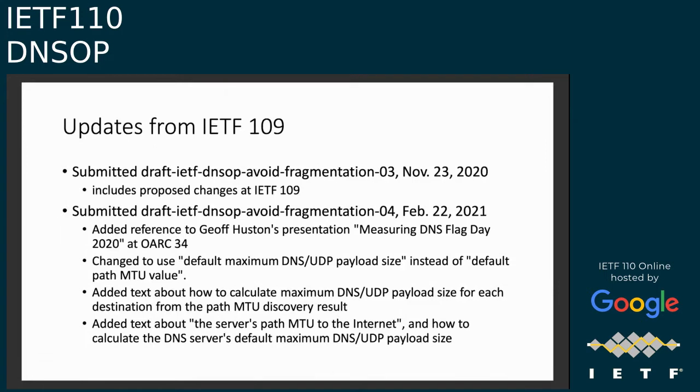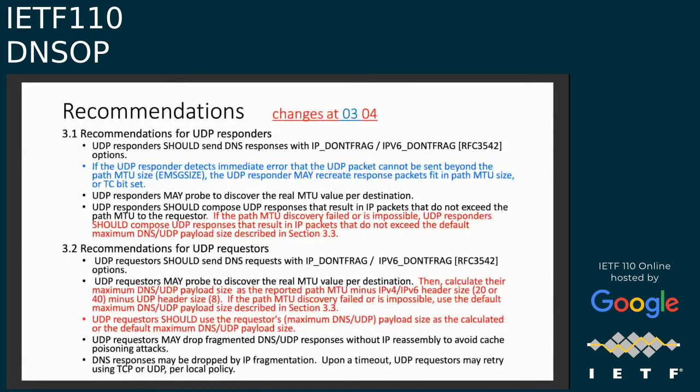And we added text about how to calculate maximum DNS UDP payload size for each destination from the PathMTU discovery result, and added text about the server's PathMTU to the internet and how to calculate the DNS server's default maximum DNS UDP payload size. Next slide, please.